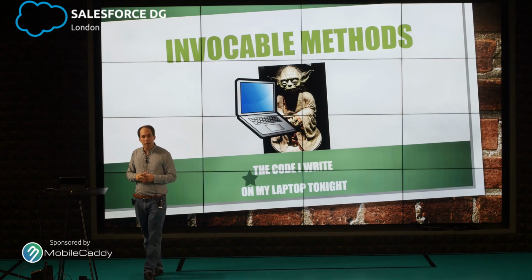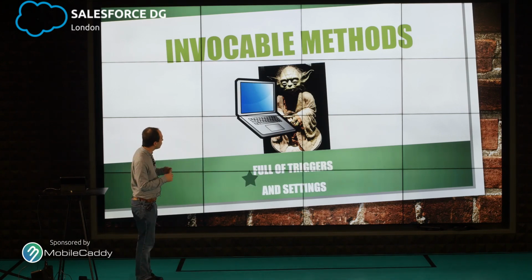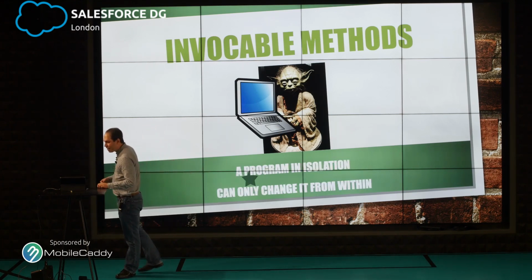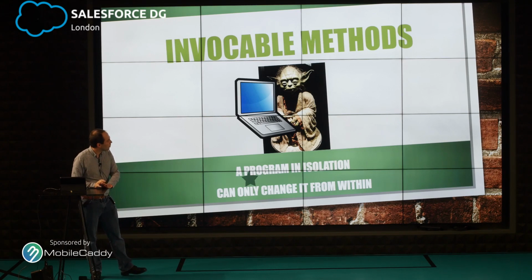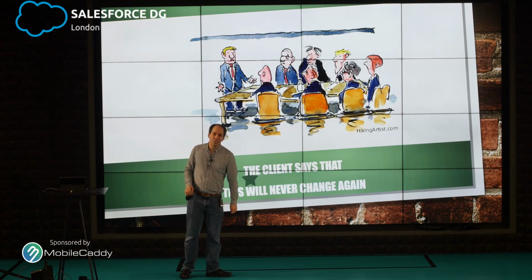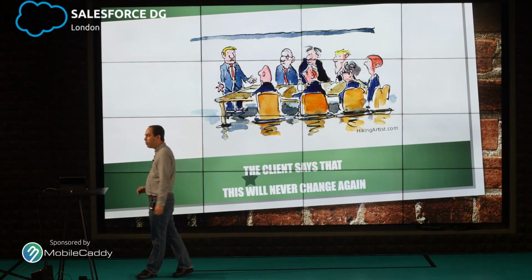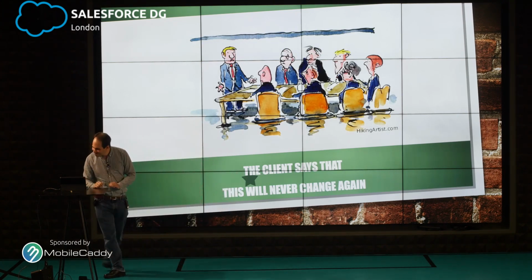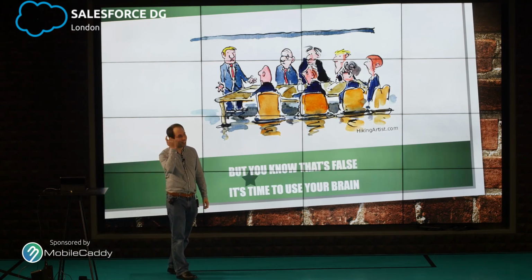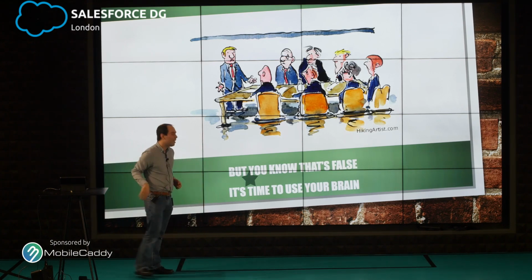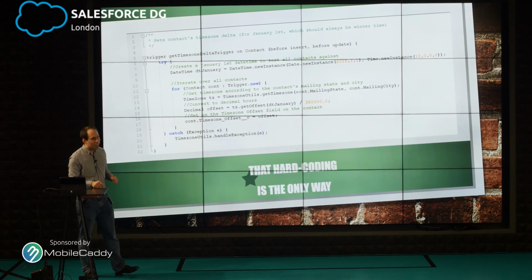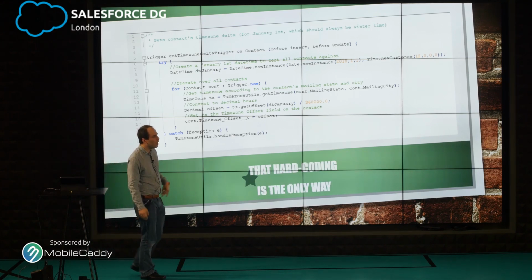the code I write on my laptop tonight, full of triggers and settings. A program in isolation can only change it from within. The client said that this will never change again. But you know that's false. It's time to use your brain. Don't let them win, don't let them say that our coding is the only way.